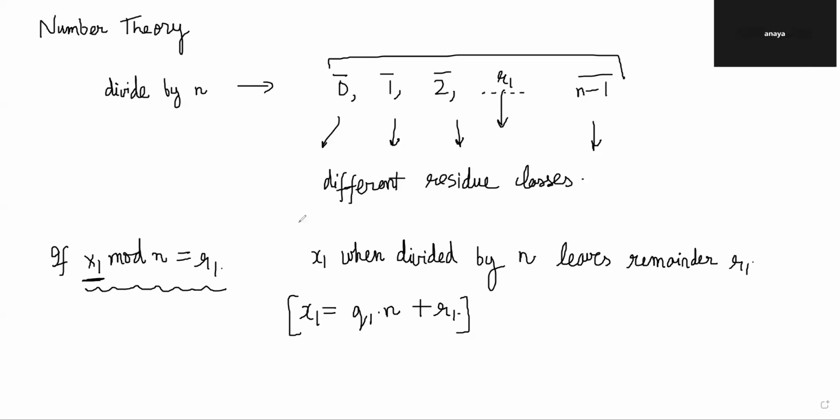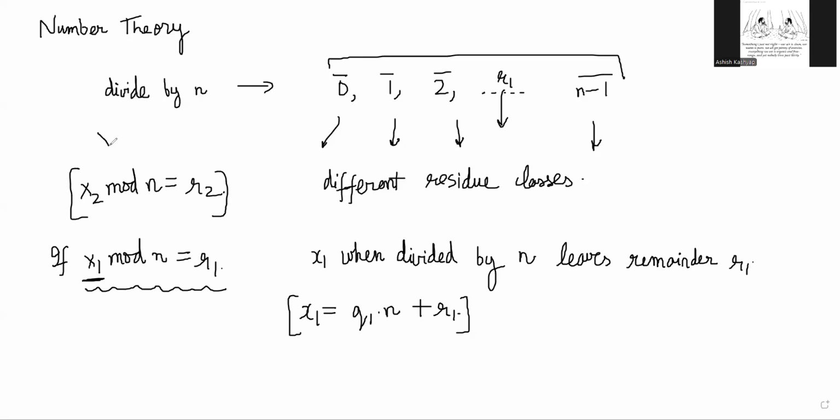Similarly, also if x2 mod n is equal to r2, or you have x2 is equal to n q2 plus r2, then how can we combine these two numbers? So what will happen if I take x1 plus x2 mod n?